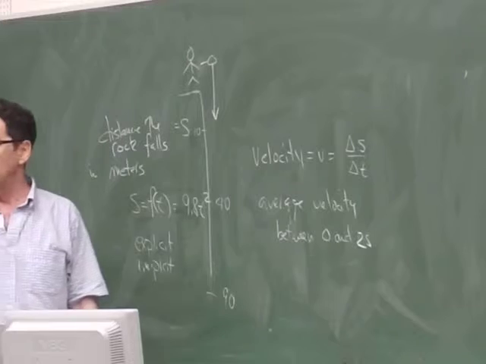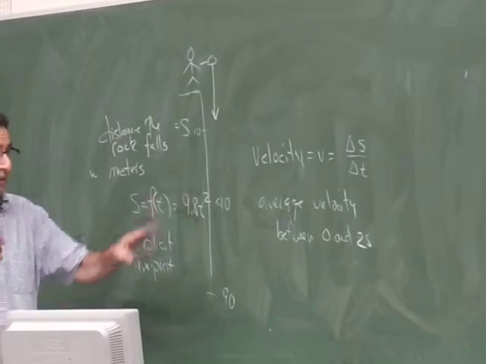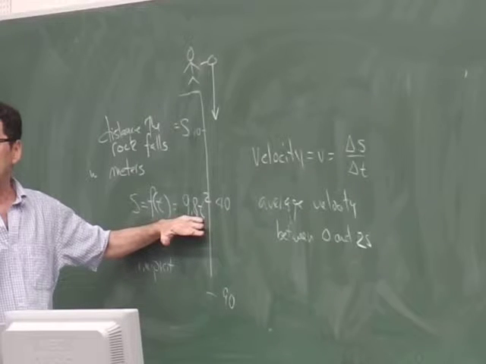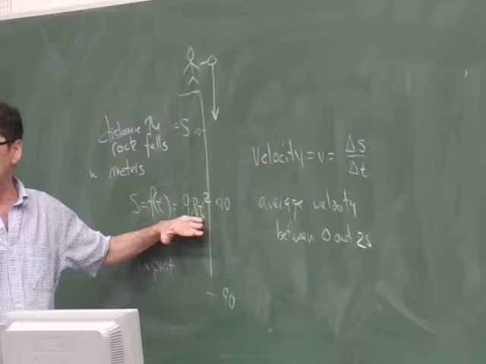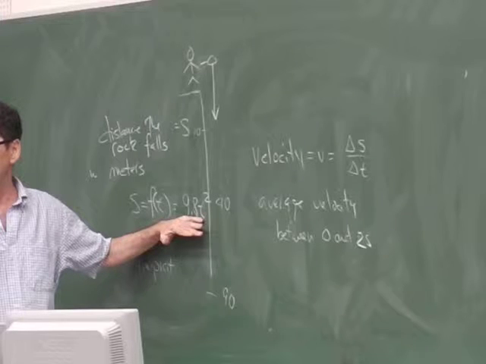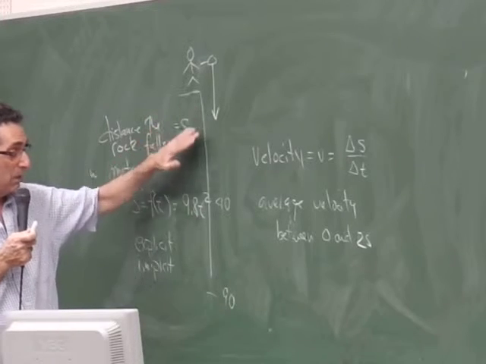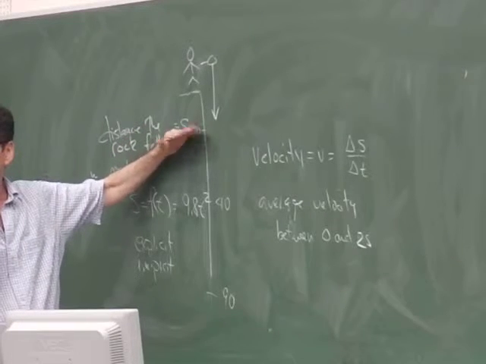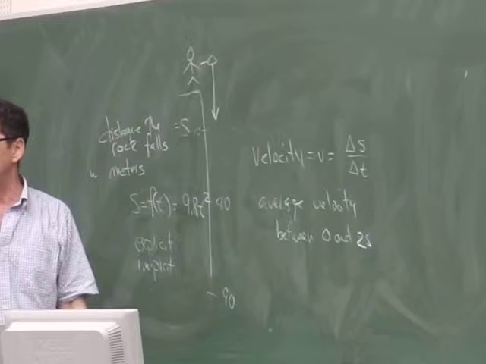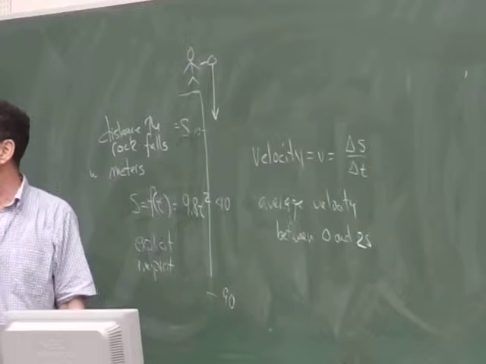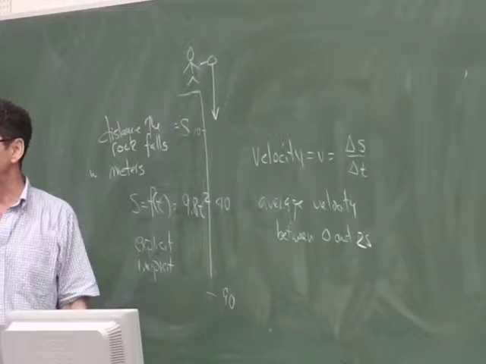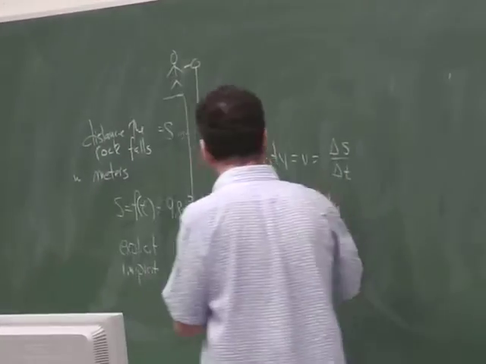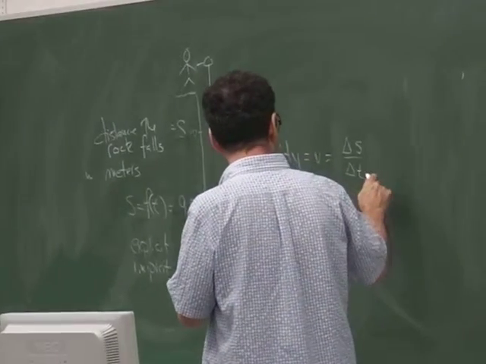But we also might be interested in not the average velocity between here and here, but the so-called instantaneous velocity. And what do we use for that? That means not the average velocity here, but how fast, if you were sitting right here and you watched it go by, how fast was it going? And what do we use to get that? The derivative. The derivative is similar to the average, but it's when we let delta t go to 0.